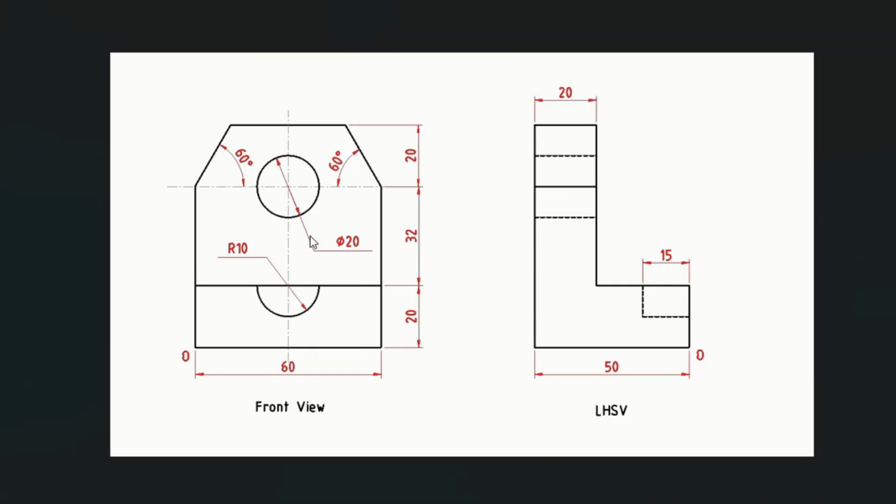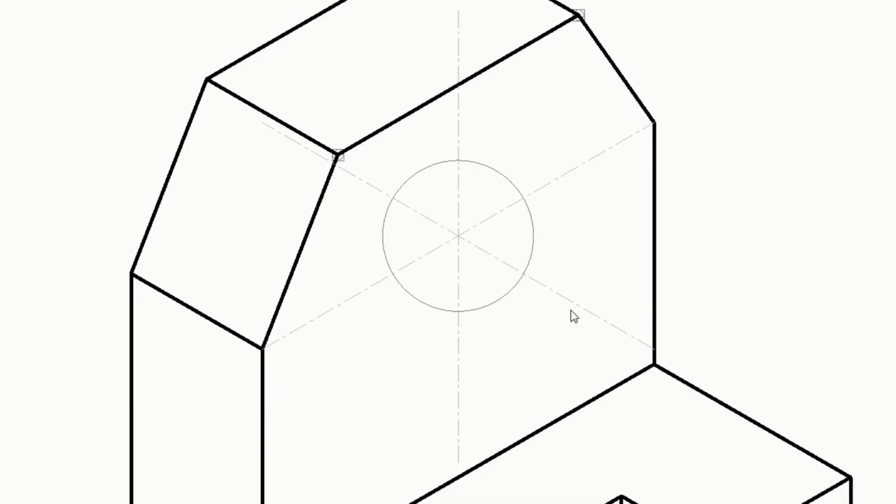So the axis of this particular hole is along y-axis. That means this is the axis of the hole, which means we'll have to connect this point with these two, this point with these two, and from there we'll be able to draw the circle. So let's draw those lines.